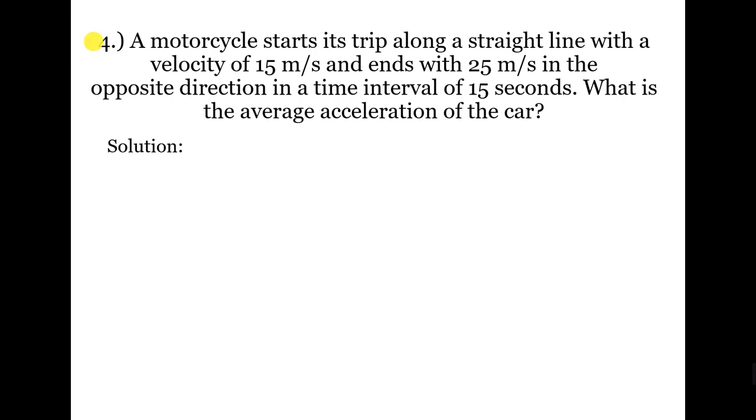we have the average acceleration is equal to the change in velocity, or the difference of final and initial velocities over its change in time. The values for final and initial velocities are 25 and 15 meters per second respectively. Now let us observe the problem.